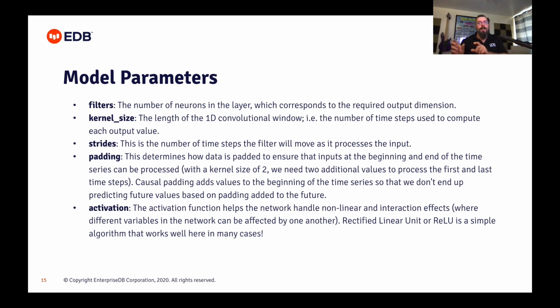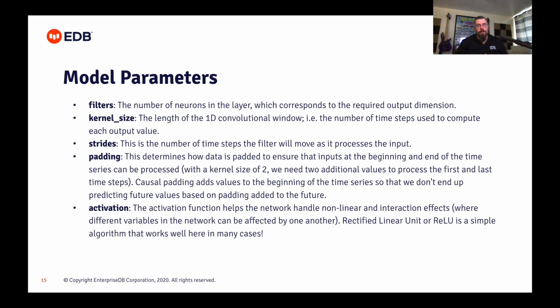Otherwise, we can't analyze the first 2 or the last 2 values in the time series. We use causal padding here. What that does is add values to the beginning of the time series. We don't want them on the end of the time series, because then we end up predicting future values based on padding that was already added to the future.